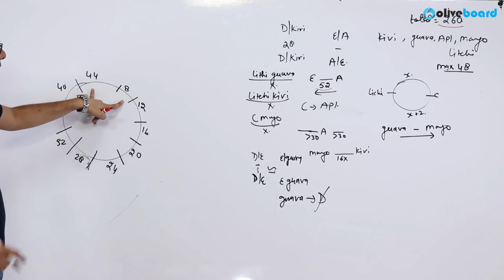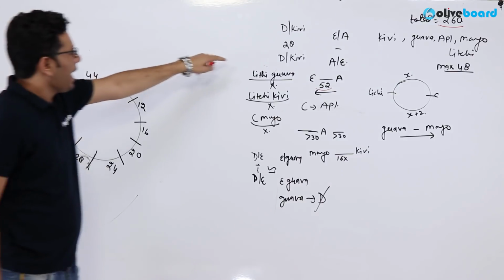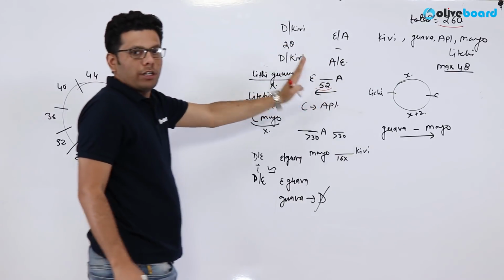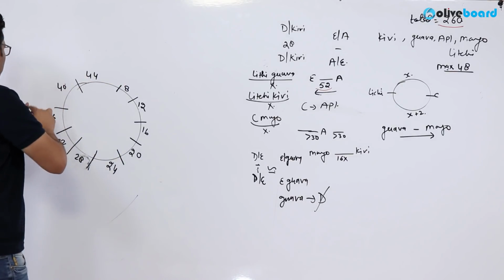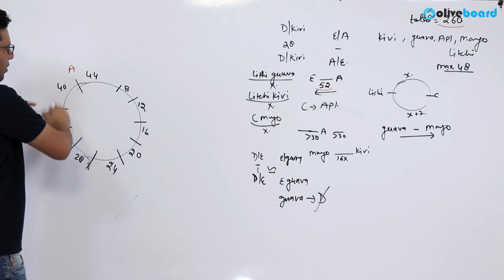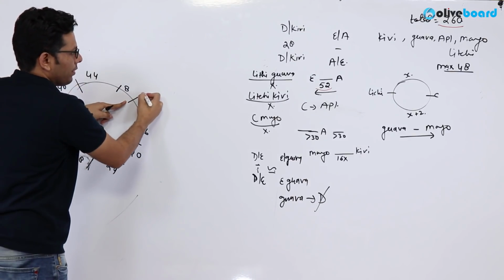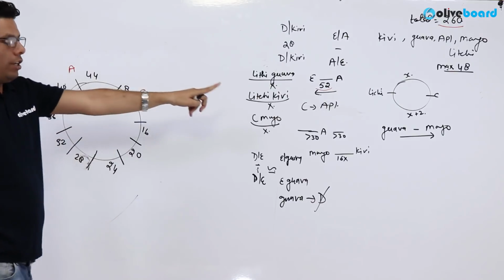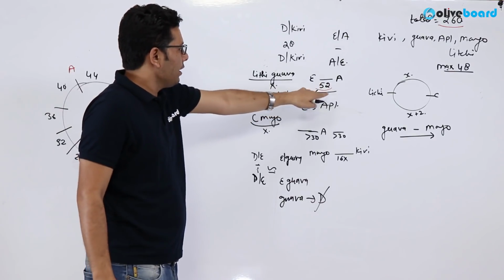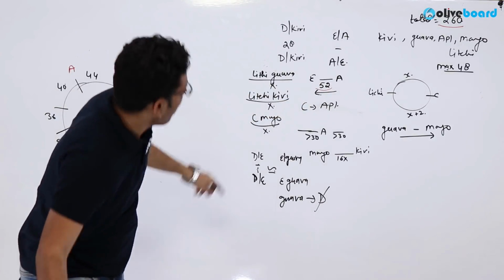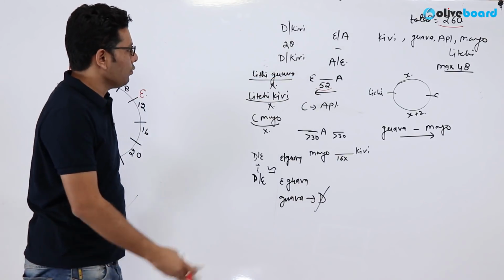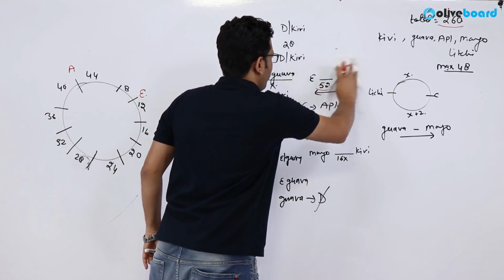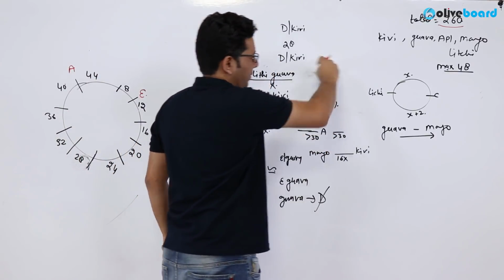This is the only combination where we can have a gap of one person between A and E, with E to the left of A. So my A would be here and E would be here, because E is to the left of A, the gap is one person, and the total gap is 52. Let me remove this part. We have put in this data.